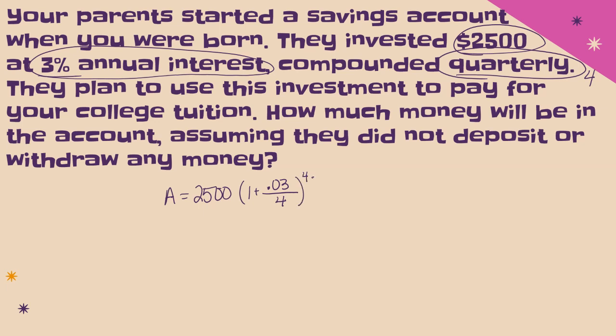Our n here is also 4 times 18 years because you'll be 18 when you graduate from high school and want to use that for college. Let's start evaluating. We're going to start in the parentheses and take 0.03 and divide that by 4, which is 0.0075, plus 1, 1.0075. And then we're going to take 4 times 18, which is 72.